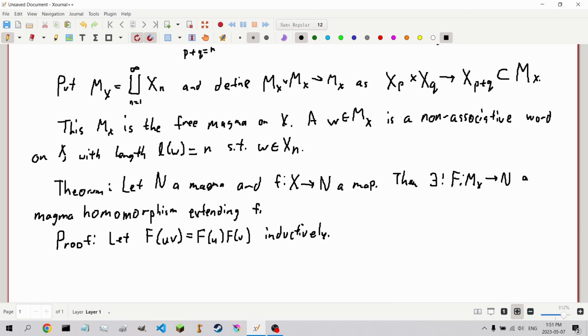So essentially, because of the structure of X1, which is just X, capital F is equal to lowercase f by definition. And then every w with length greater than 1 is the product of two smaller elements of Xn, and so you can just repeat that until you get down to the case of length 1.